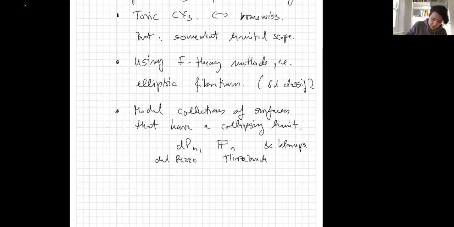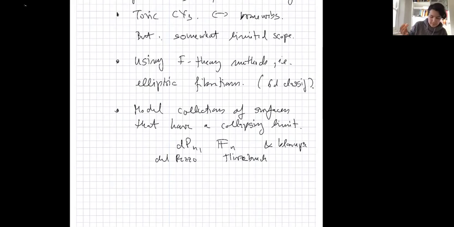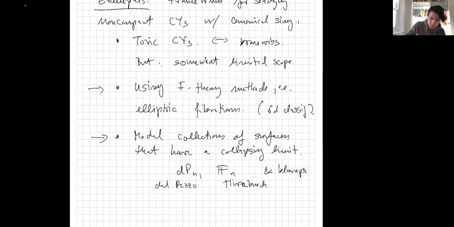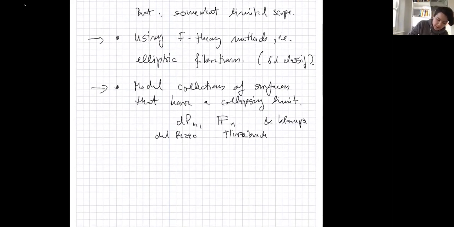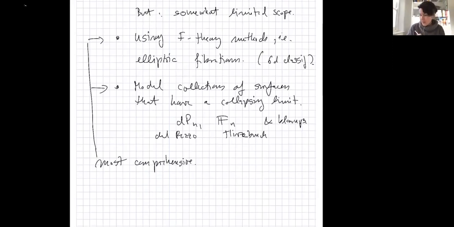And in fact, I think at the moment our understanding of the models is as comprehensive here as it is here. So although these two approaches are actually very general and most comprehensive, they are not the most comprehensive in the sense of being accessible to people who haven't worked with this.